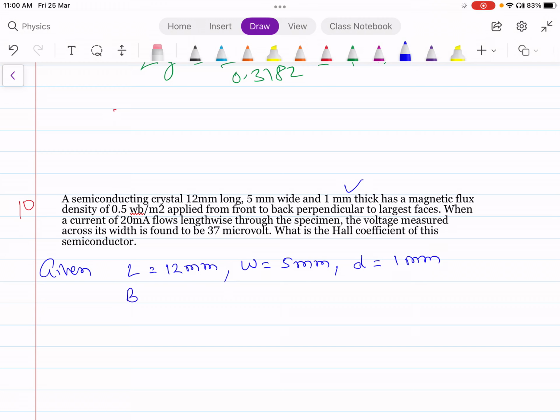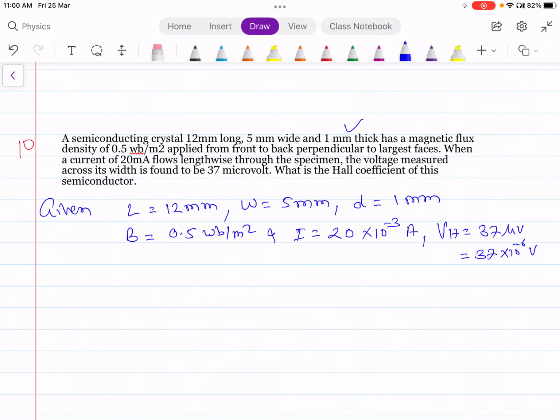Then magnetic field B is 0.5 Weber per meter square. Then current I flowing through the semiconductor is 20 milliampere, that is 20 into 10 to power minus 3 ampere. And also Hall potential is given, which is 37 microvolt, or we can say 37 into 10 raised to minus 6 volt.